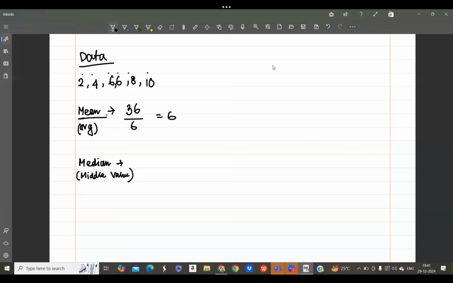Okay, so here what we will do, whatever data points we have, we'll arrange them in ascending manner. Ascending meaning small. So what is the smallest value? 2. Okay. So 2, 4, 6, 6, 8, 10. So it's already arranged in an ascending manner.